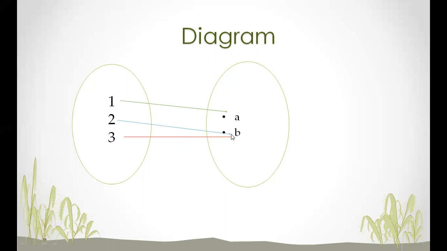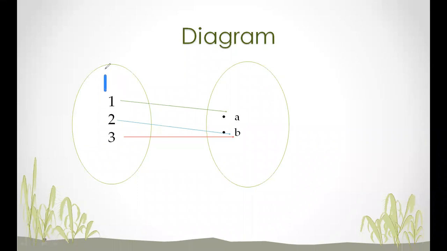Next, we see whether it is an onto function. Our range and codomain should be equal. Here the domain is A and B, and the range is also A and B. So our range and codomain are equal. Now I write here.